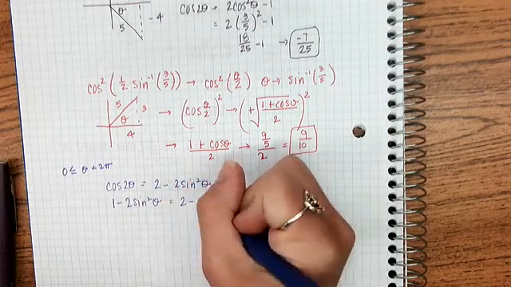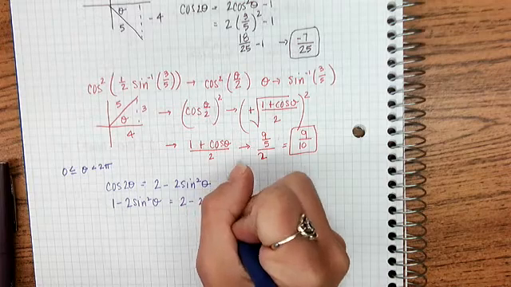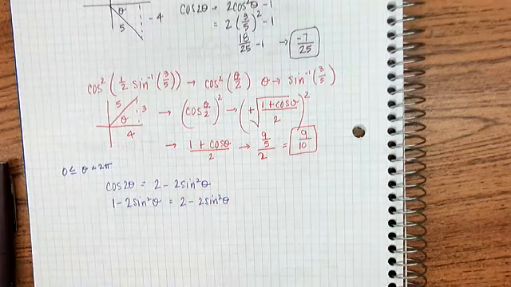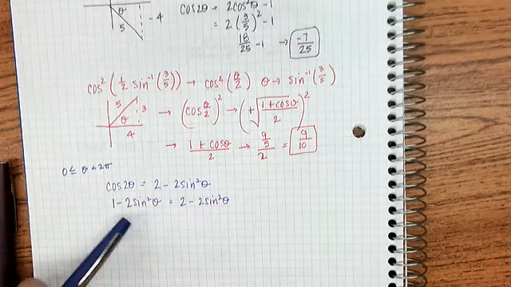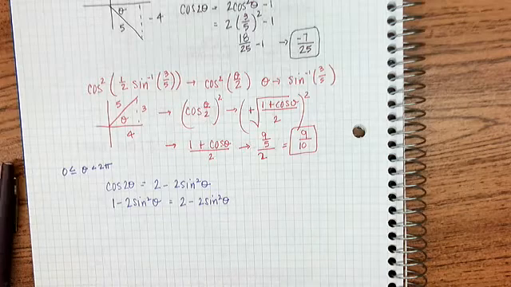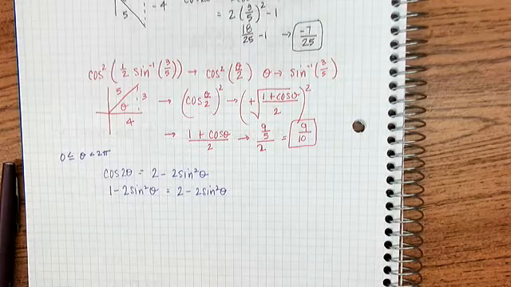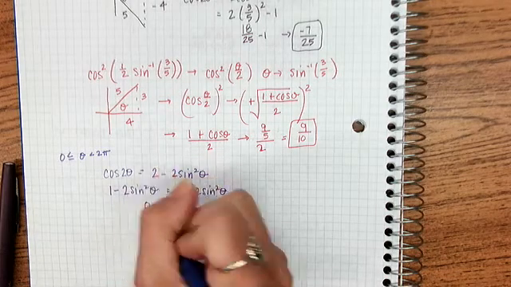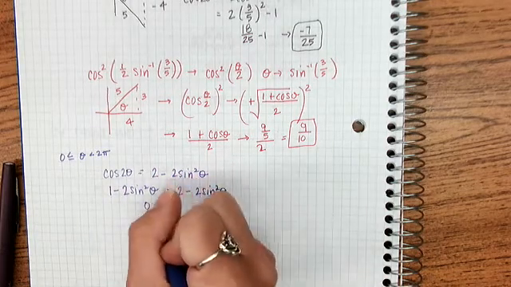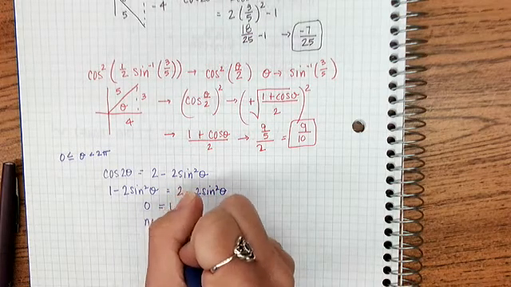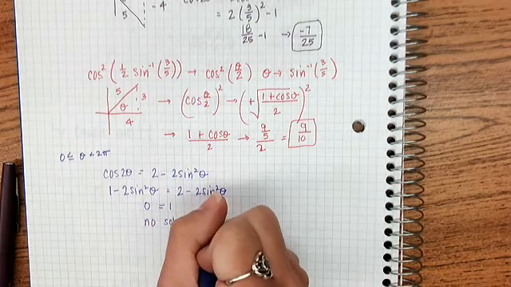And now I have only sines. You could have gotten the same answer using the other substitutions, but this one I think you can see now is nicer because I have all of the same function. Well, add 2 sine squared to both sides and you get 0. No solution. Gotta love it. Done.